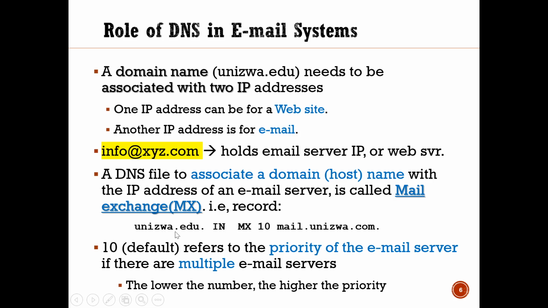So in the example here, uniswa.edu, and then IN, which is a flag, and then another flag that indicates that this line is an email-based configuration, an email-based rule. The number 10 here refers to the priority of the email server, if there are multiple email servers.